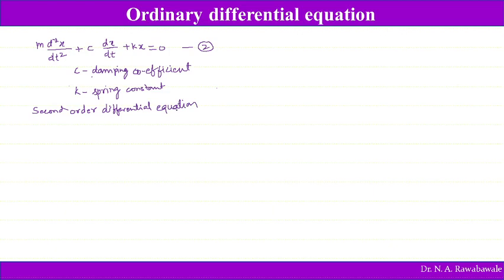If in an equation there is more than one independent variable, then such differential equations are known as partial differential equations.